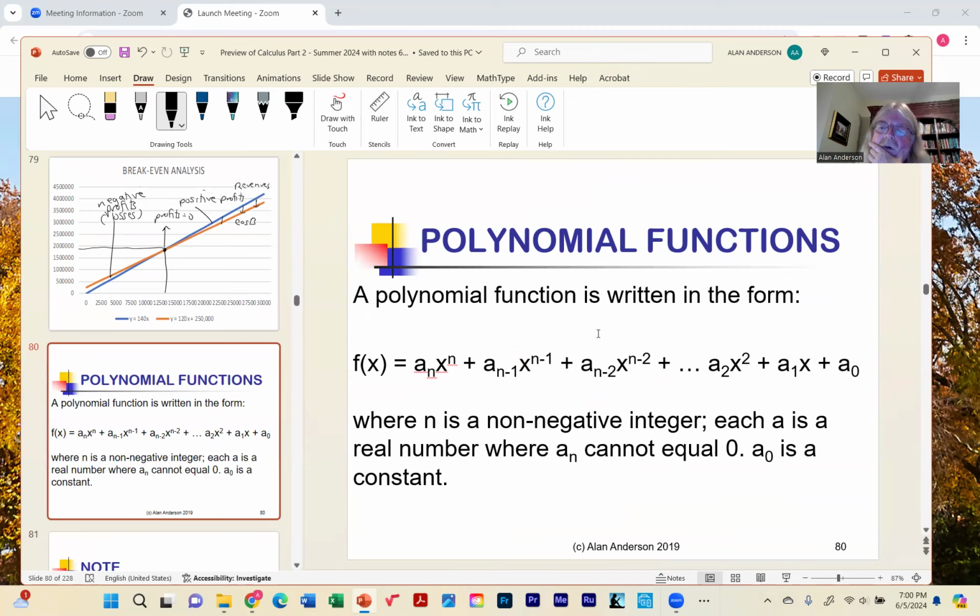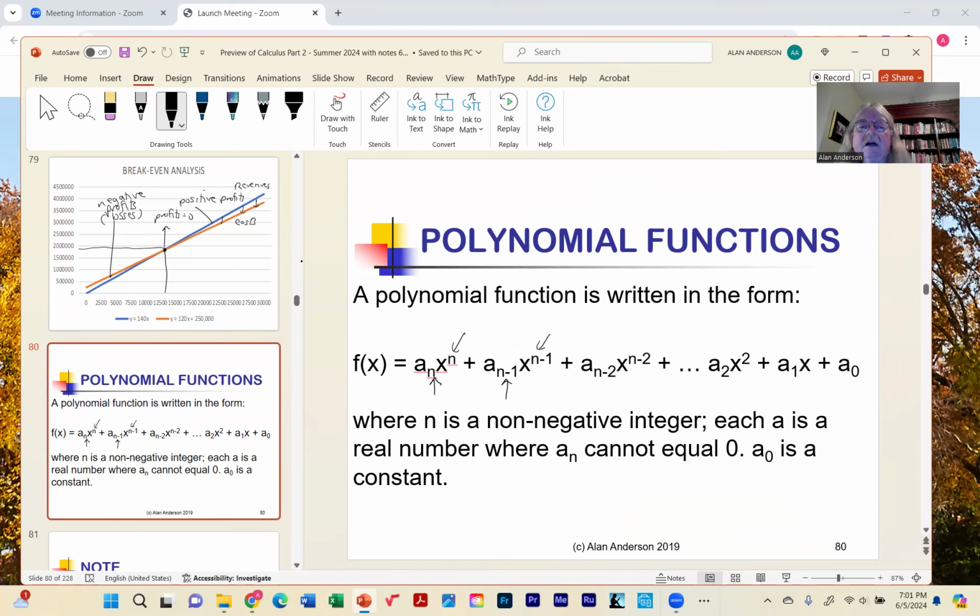Now we're going to revisit our old friend, the polynomial. Now, the word polynomial simply means many terms or many numbers. And you can see that these indexes represent the exponent. You notice they match each other.